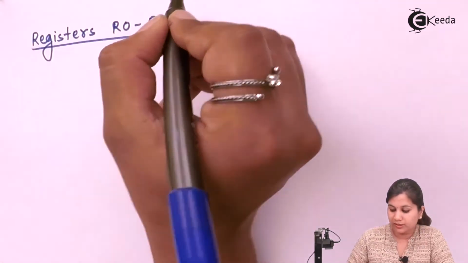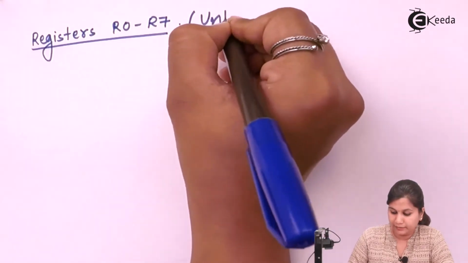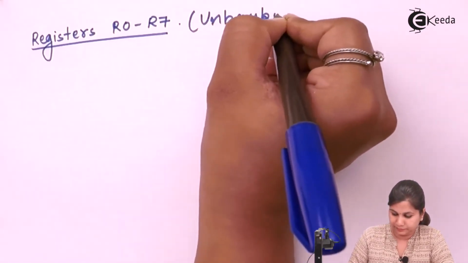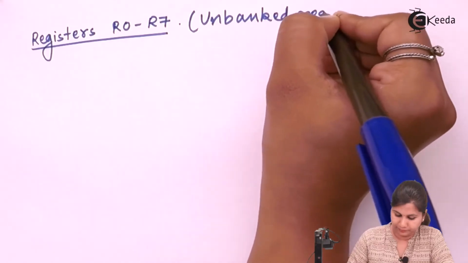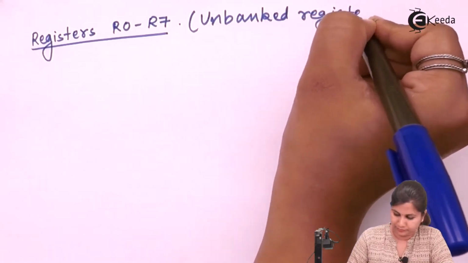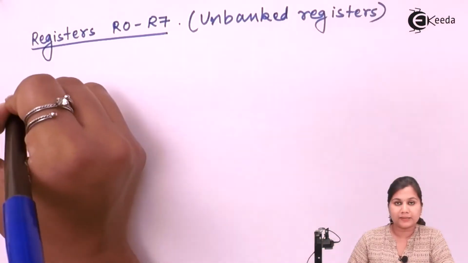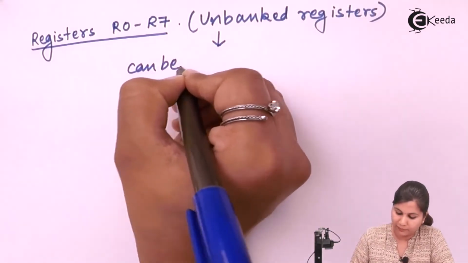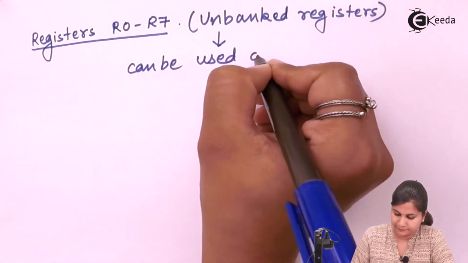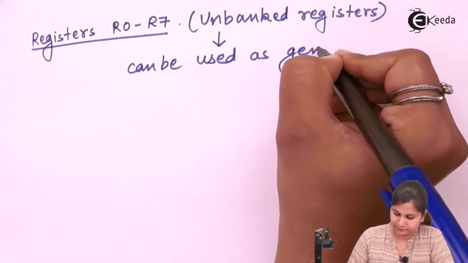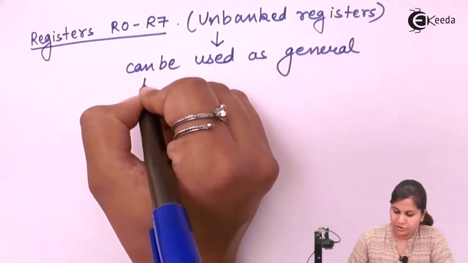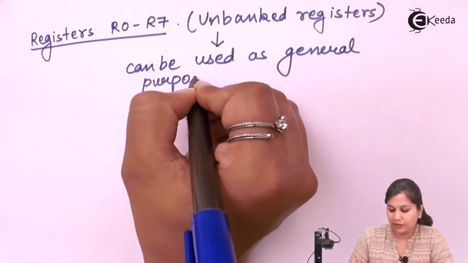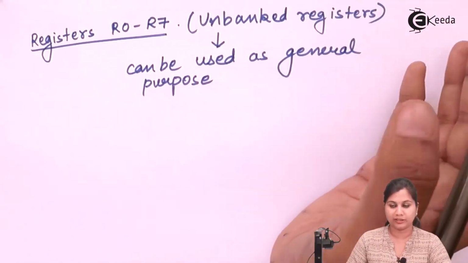Also, these registers are called the unbanked registers. Unbanked registers means that these registers can be used as the general purpose registers. General purpose registers are always used for holding the data or the addresses.